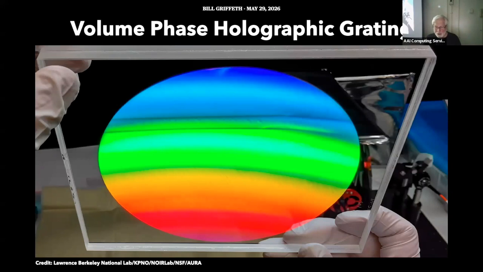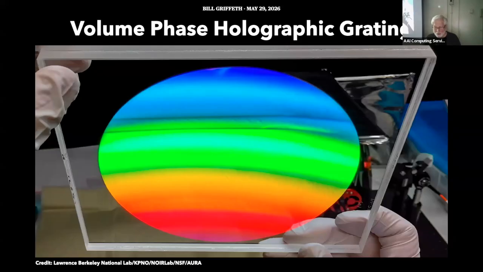The VPHGs provide much more dispersion of colors than prisms do, but usually lower spectral resolution than the shell gratings. Instruments that use the VPH gratings typically have lower spectral resolution requirements, such as multi-object survey spectrographs like MUSE and DESI, which I'll tell you about later.